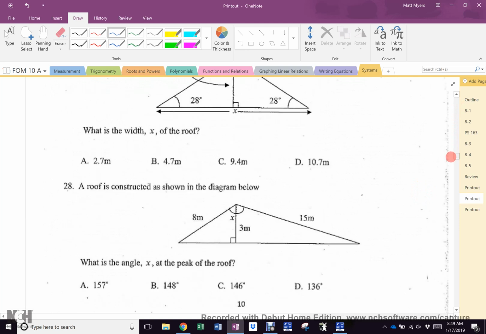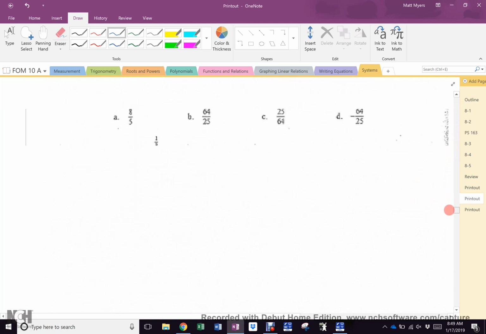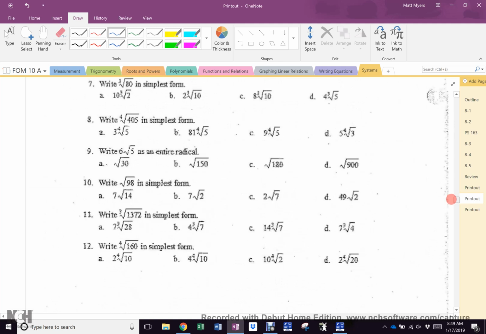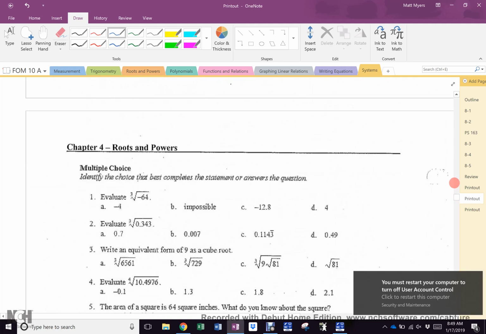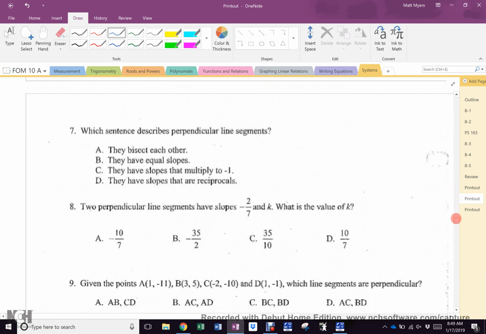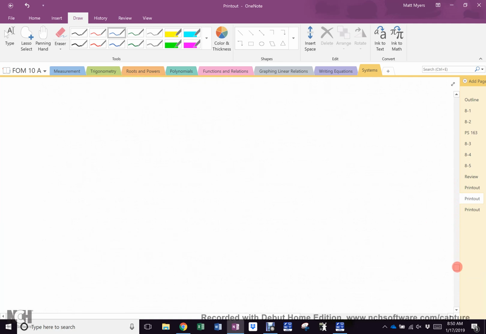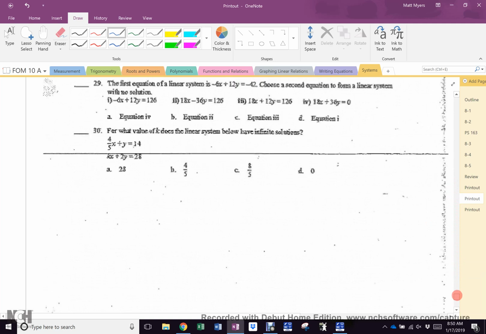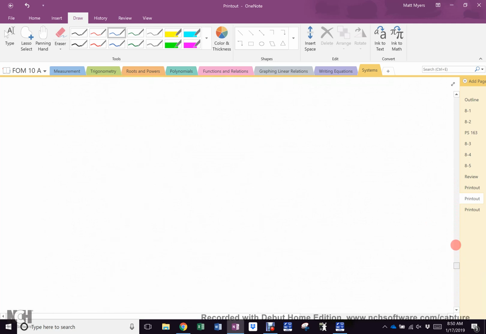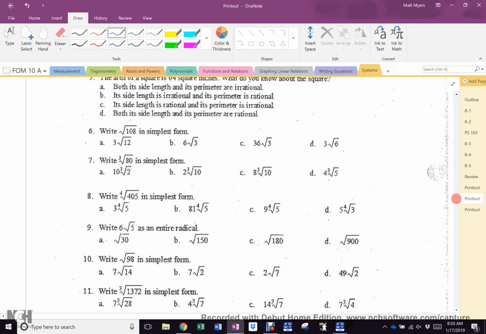Page 18. Now, some of these had answers, but I don't know which. Apparently, this one didn't. Was there an answer key at the end? No, apparently there wasn't. Interesting. 18, okay.